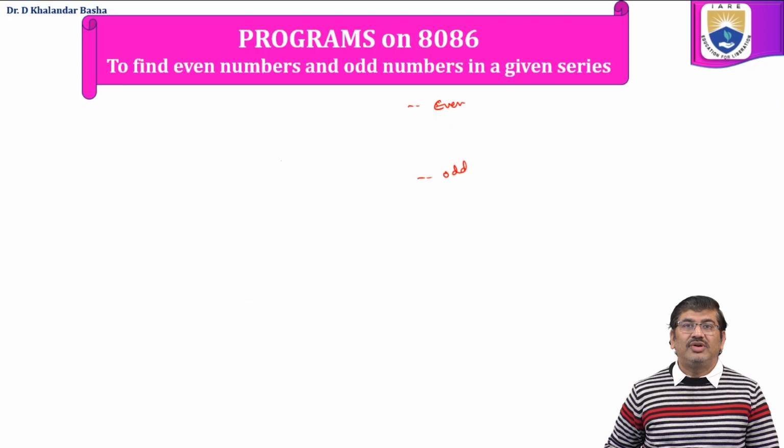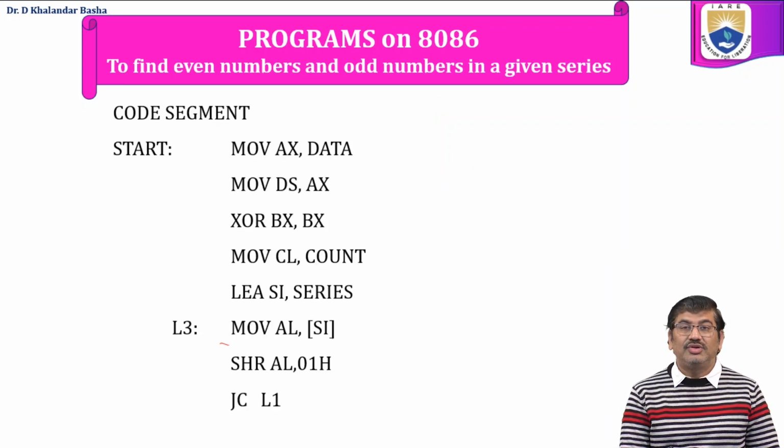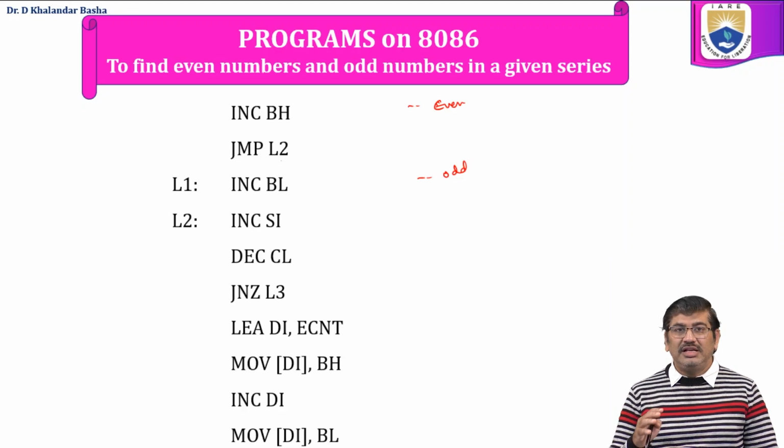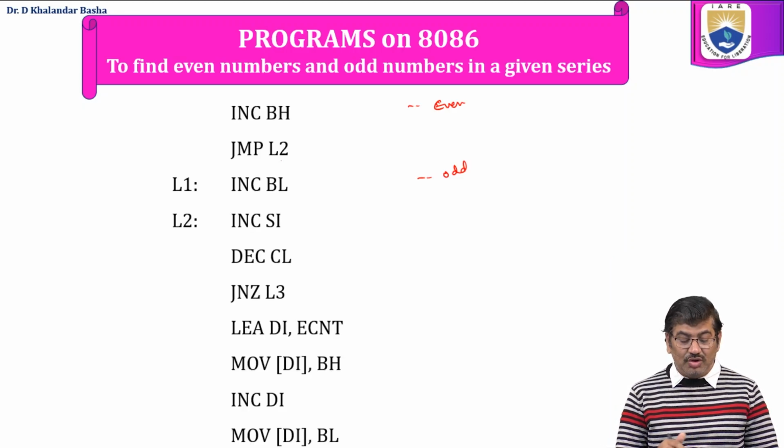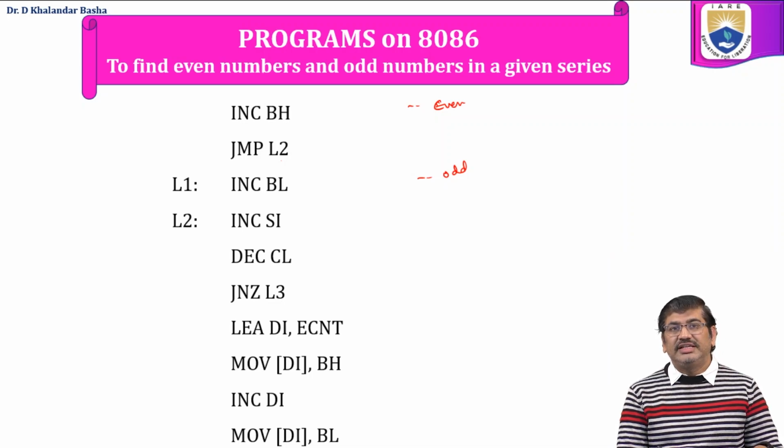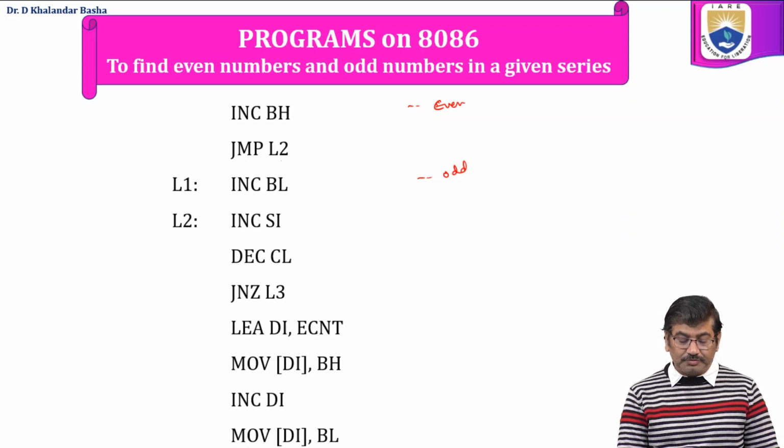What label 3 has is fetching the data into the AL register and checking again. So this will be repeated until the CL content is 0. Once the CL content is 0, that indicates the given series is checked for even numbers and odd numbers. Then we can store the counts which are there in BH and BL into the even count memory and odd count memory.